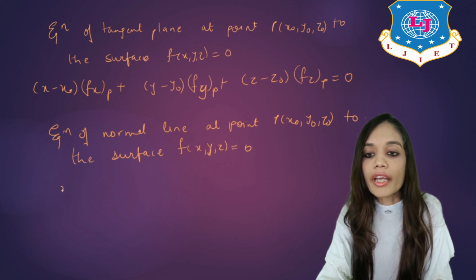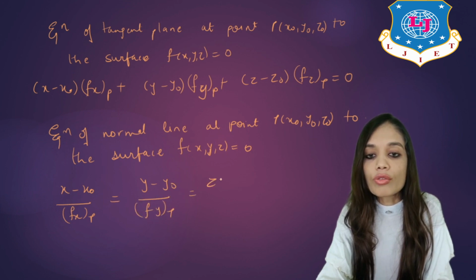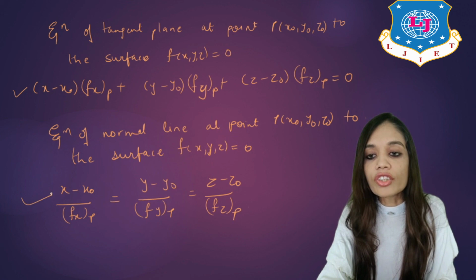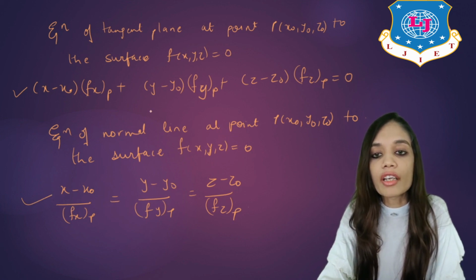It is given by (x minus x0) upon fx at point P equals (y minus y0) upon fy at point P equals (z minus z0) upon fz at point P. So firstly you only have to find the partial derivatives, then put the point P and put all the values in these two equations and you will get your final answer.